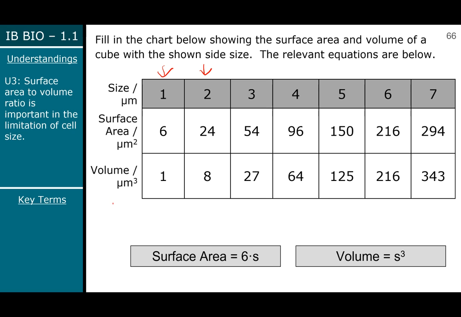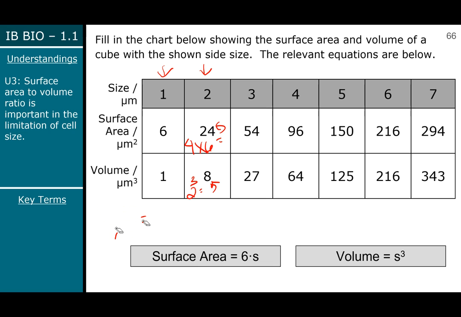Oh, I got it. Just needed a sip of coffee. Okay. So 2 times 2 is 4. Surface area: 4 times 6 equals 24. 2 cubed equals 8.